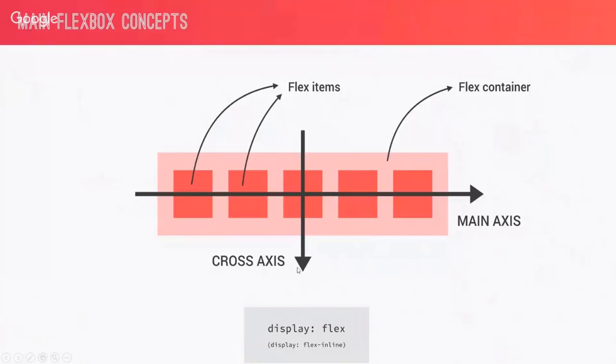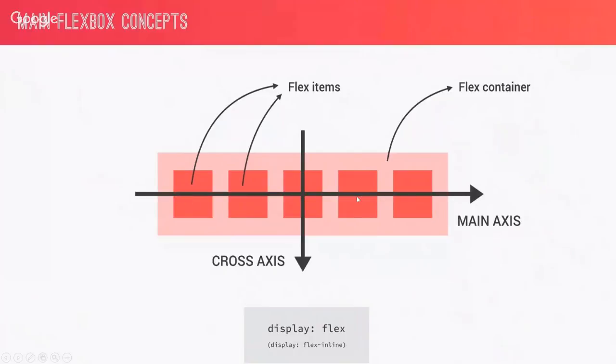So why are these axes placed here? Well, actually, Flexbox makes use of two properties which are for the main and for the cross axis separately. So with one of them, justify content, that's the name of the property, we control how these flex items are positioned along this main axis.